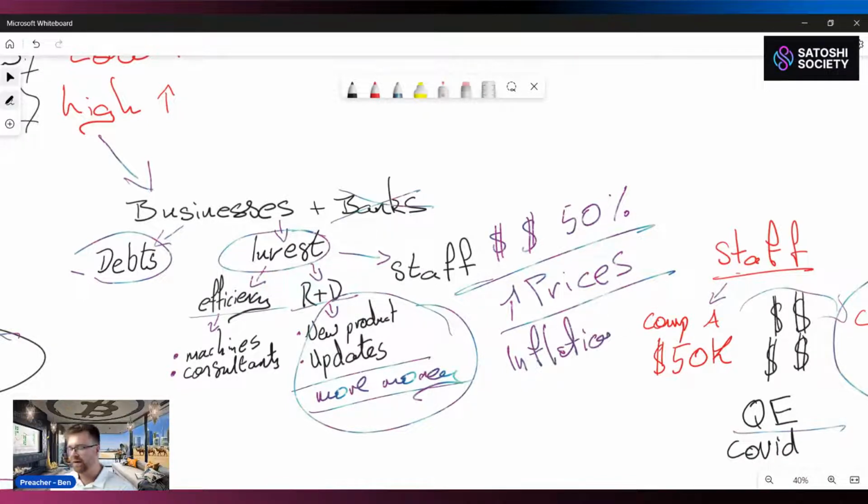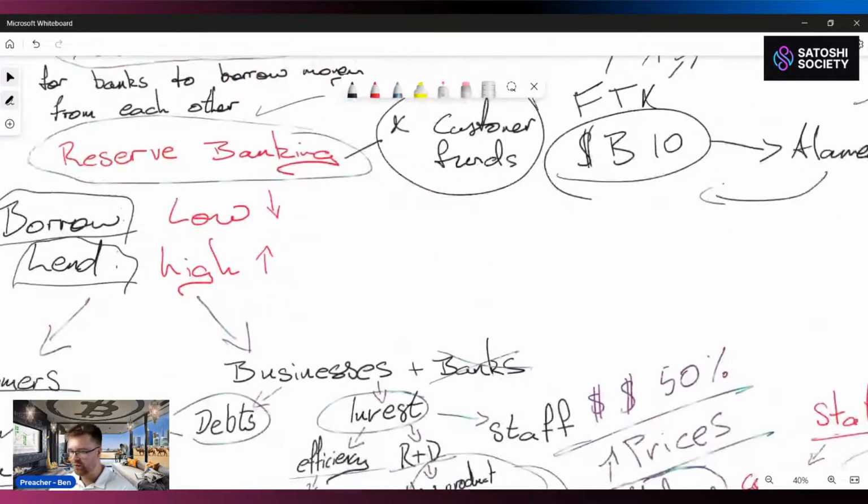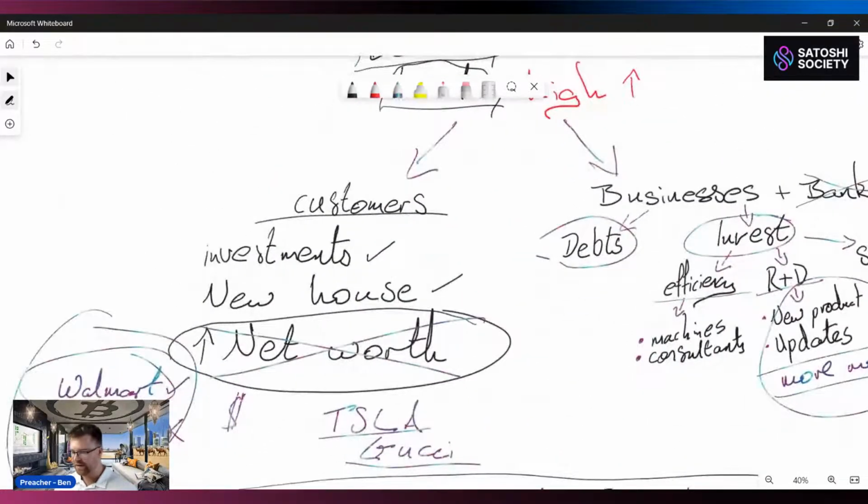So we get more of this. Bear in mind, the inflation has only just come into the picture, okay? But this all came from the Fed giving out a 0% Fed funds rate, a 0% borrowing rate. Then we go through all of this process. Customers start building their net worth.